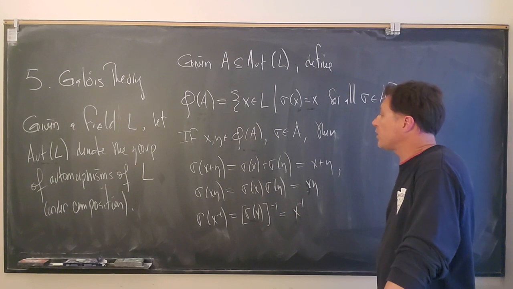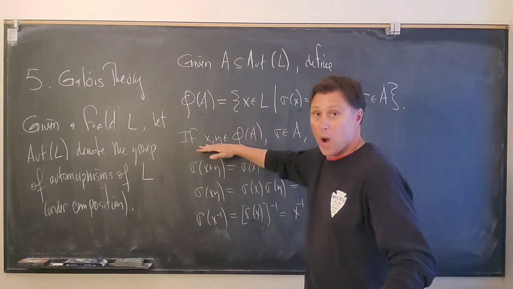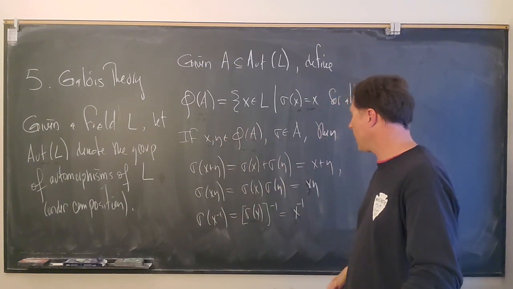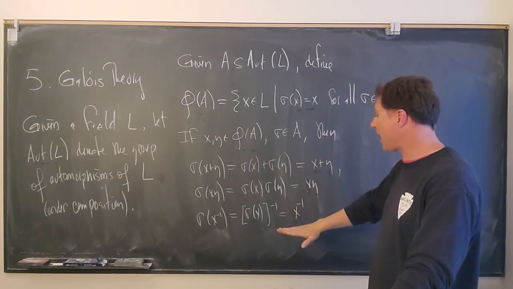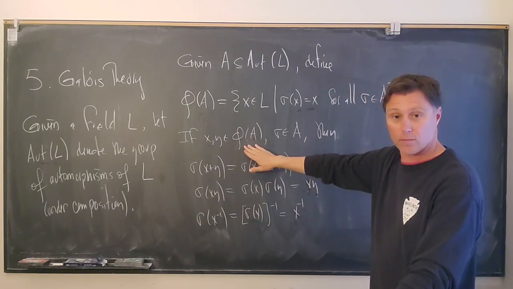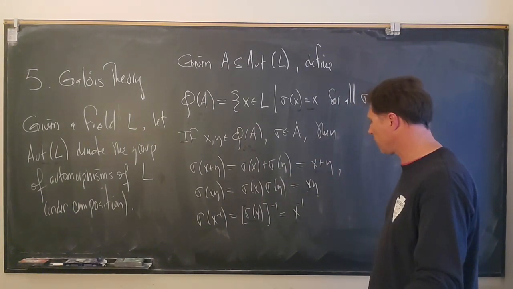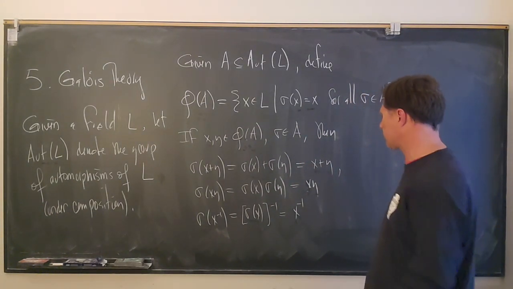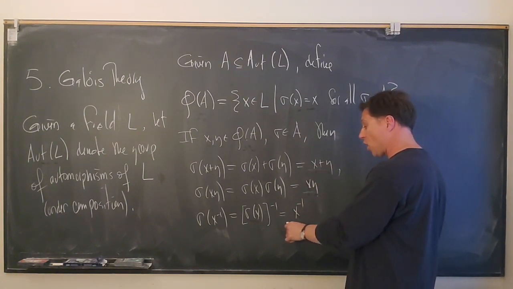So what did we just show? If we take x and y in phi of A, then x plus y, x times y, and x inverse are all inside phi of A. They're fixed by all of the sigmas as well. And so what does that tell us? It's closed under addition, multiplication, and inverses.